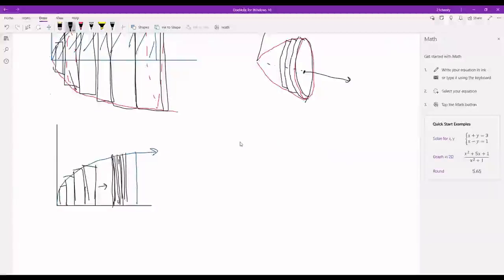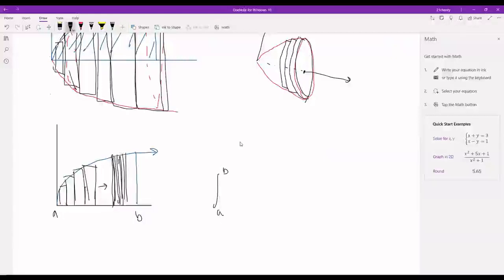So the Riemann sums, how we turned those from a summation into actually an integral is, let's say this is A, this is B, it's the integral from A to B of, well, it's a rectangle, right?